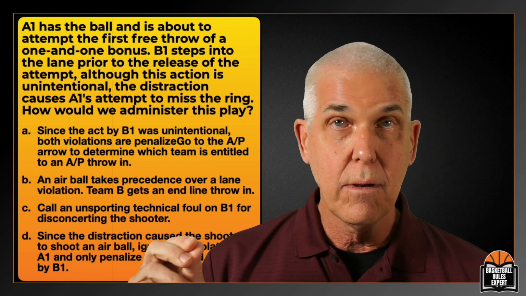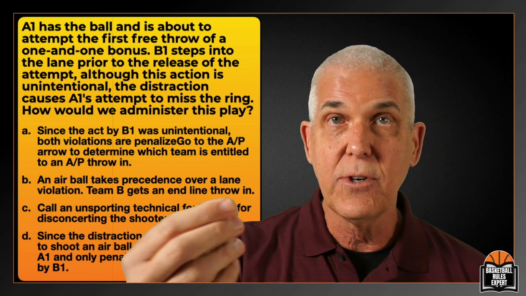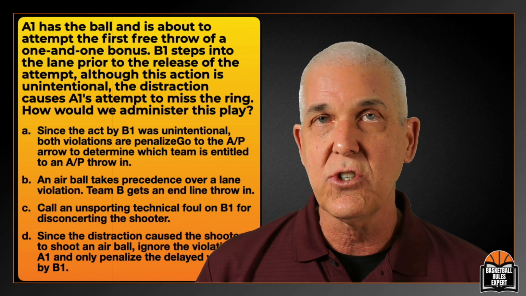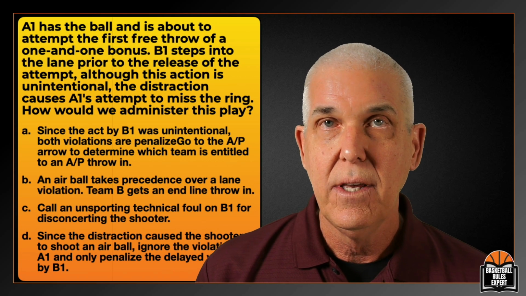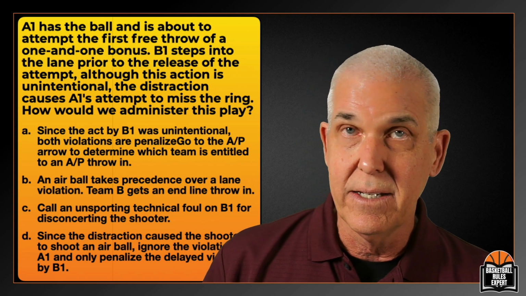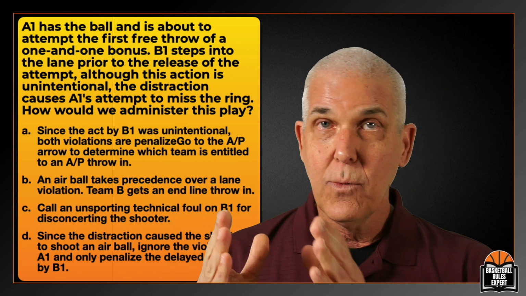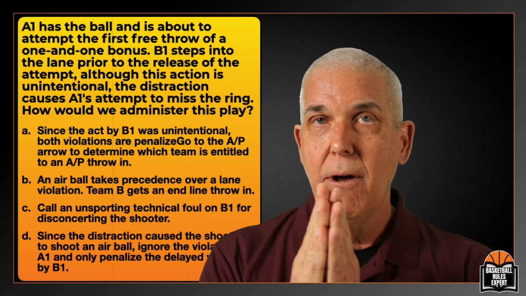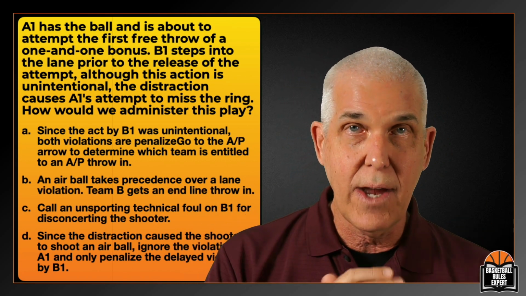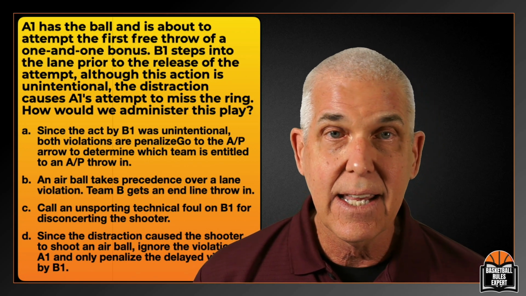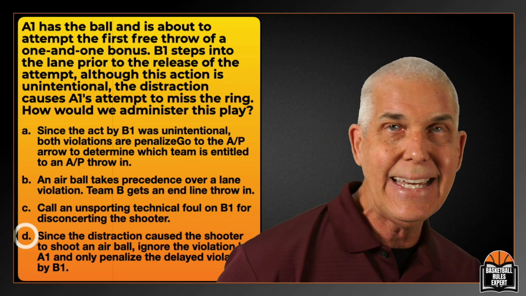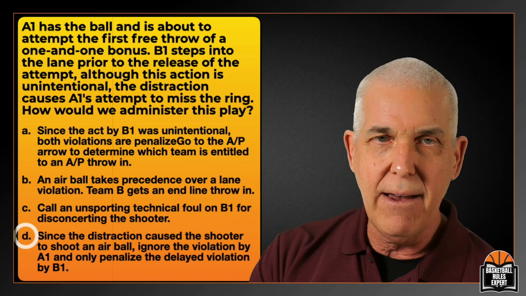So under normal circumstances, if we don't have distraction or disconcertion, this would be a simultaneous or double violation, and the free throw would end. But in this situation, we have an opponent of the thrower violating, causing distraction, which results in this instance in our correct answer being D. Get out of the way, ref.